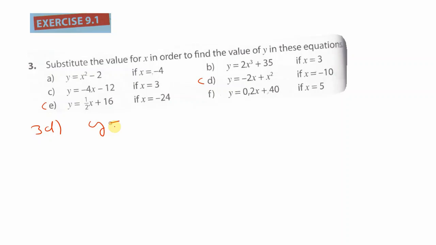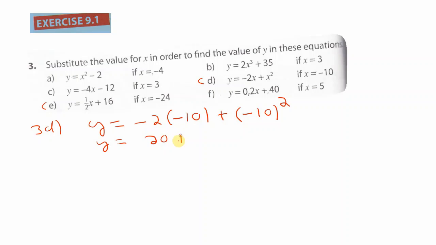So y equals negative 2, not x now, but negative 10 in the place of x, plus, not x, but negative 10 in the place of x, and we still have to square. So therefore y equals a negative times a negative is a positive. 2 times 10 is 20. We don't write the positive, it's invisible.